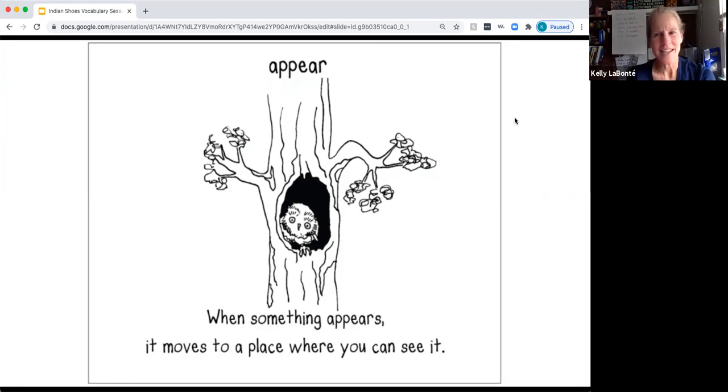If you said that the sun coming out from under the cloud connects with appear, that's a word that we might see and use together, you're right, because it's coming into a place where we can see the sun.